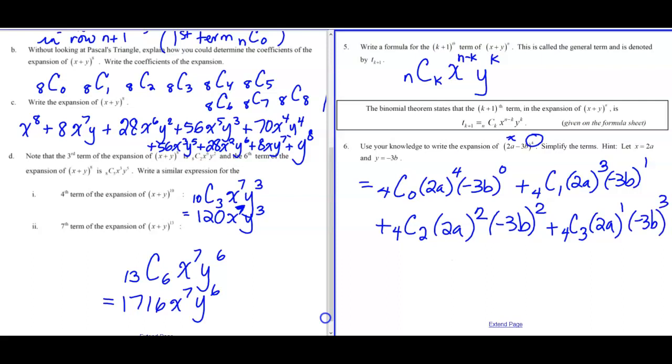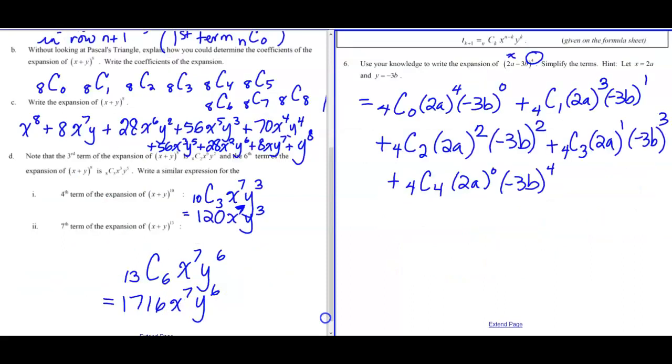Again, before I do any simplifying, the sum of the exponents on the brackets is always 4, so it's a way of checking. And then my last term is 4C4, (2a) to the 0, (negative 3b) to the 4. I need a little bit more space because I'm writing big.